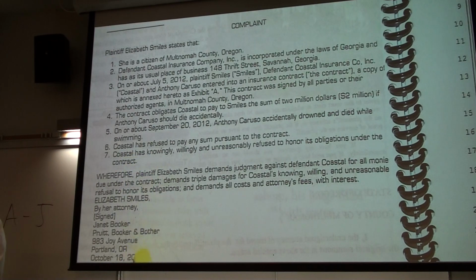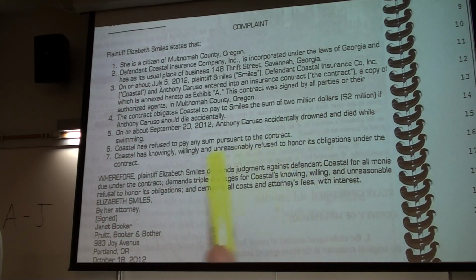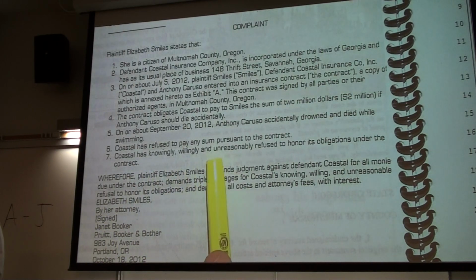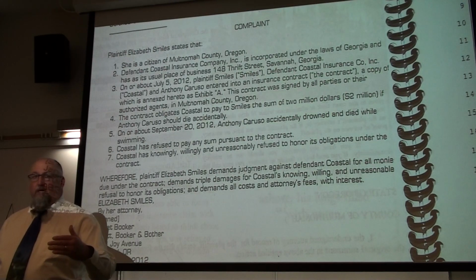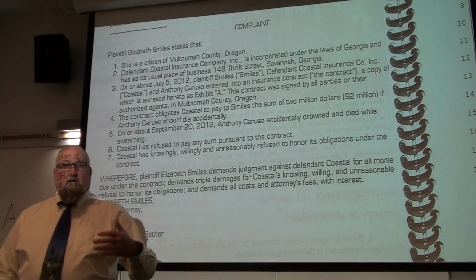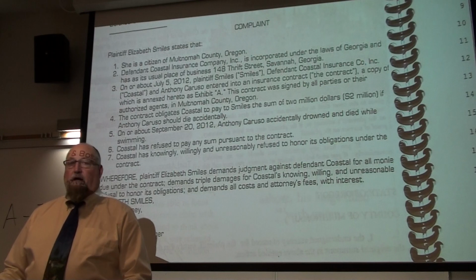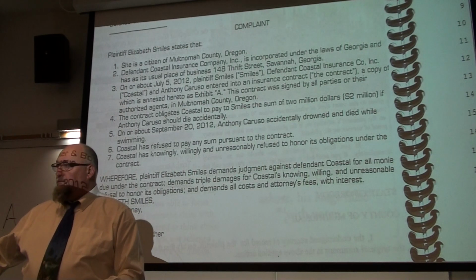Number 6, Coastal has refused to pay any sum pursuant to the contract. And finally, number 7, Coastal has knowingly, willingly, and unreasonably refused to honor its obligations under the contract. So essentially what you're telling the judge is that the insurance company had a contract, $2 million is the monetary value of the insurance policy, and the insurance company declined to pay.